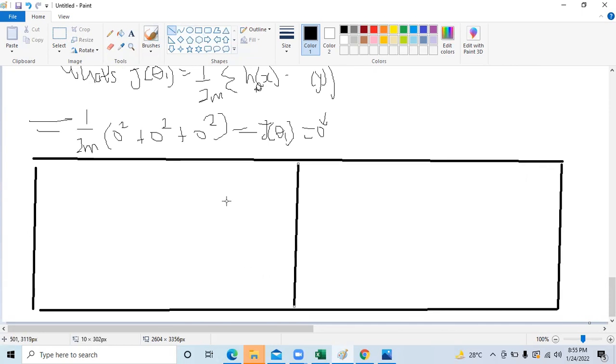So here we're going to have our h of x again, and here we're going to have our j theta, with our cost function.